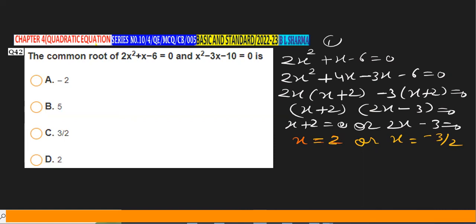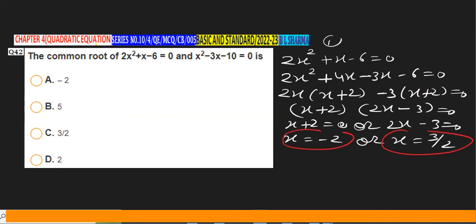So x will be minus 2 or x will be 3/2. Here are two zeros, minus 2 and 3/2. These are two zeros of the first quadratic equation 2x square plus x minus 6.